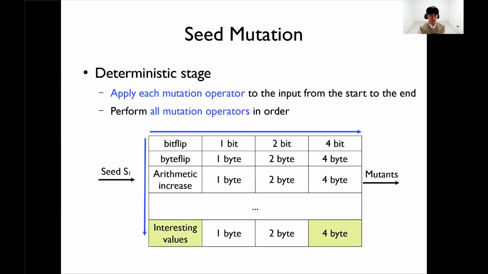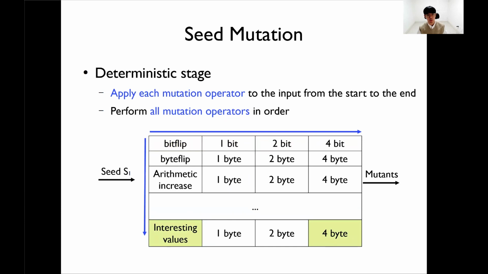In this way, after applying all mutation operators in order, AFL finally ends the deterministic stage. So this stage focuses on slight changes of the original input by using predefined mutation operators.